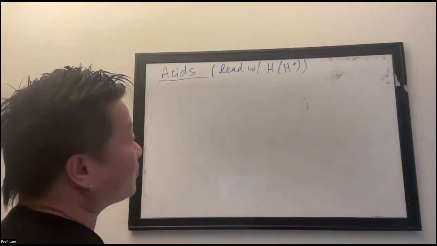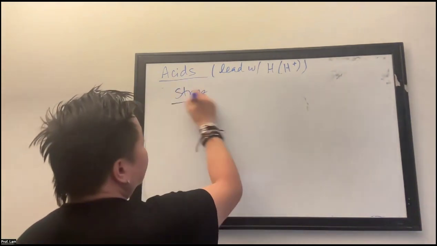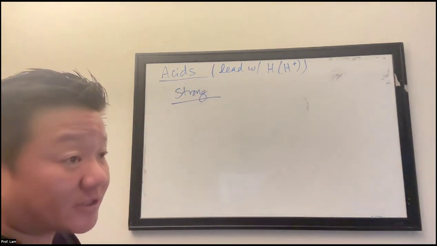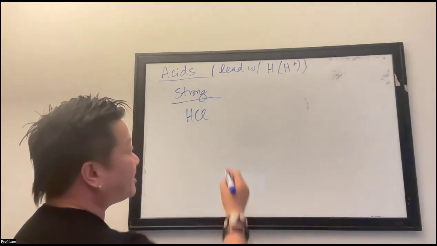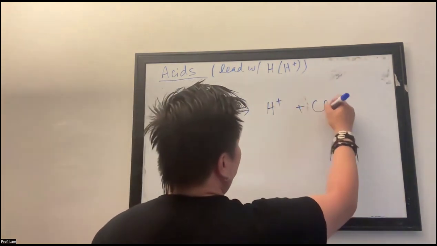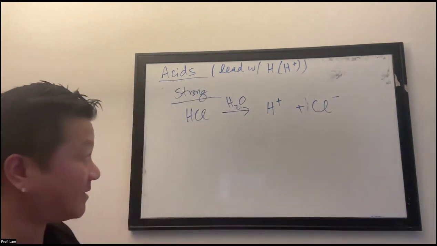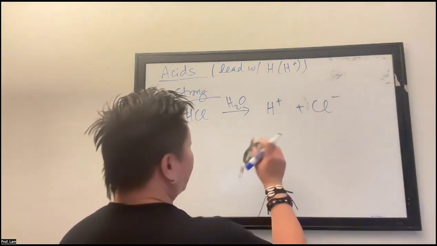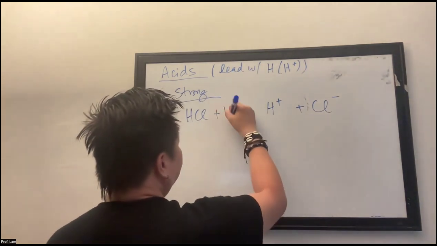Let's also talk quickly about the strengths of acid. So what makes an acid strong versus weak? The one that I just showed you guys, HCl, dissociates in water to become H plus and Cl minus, or we can call it hydronium, right? We can just write a full equation.